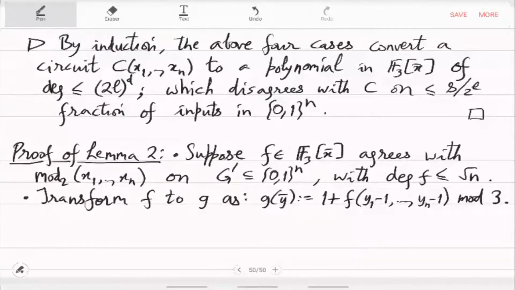Okay, so what did we do here? So when y1 is, let's say, 0, then y1 minus 1 is minus 1, and when it is 1 then y1 minus 1 is 0. Okay, so g of y bar we'll think about as plus minus 1.